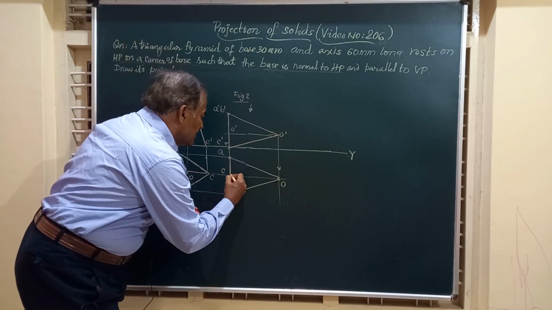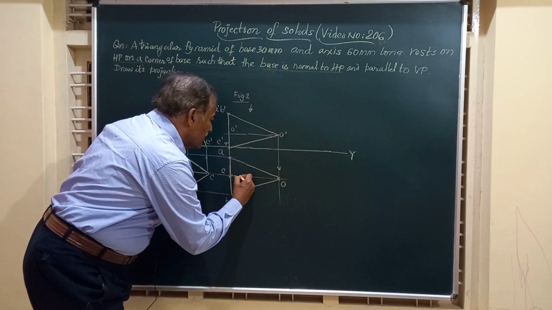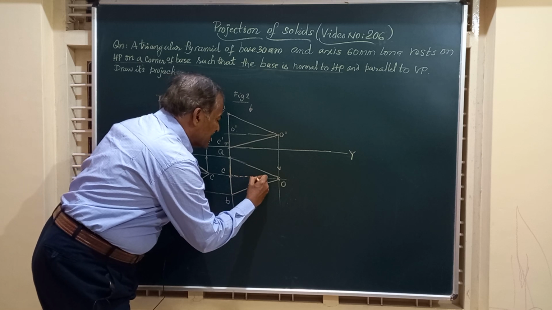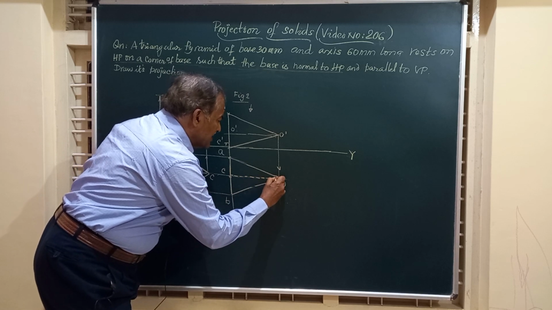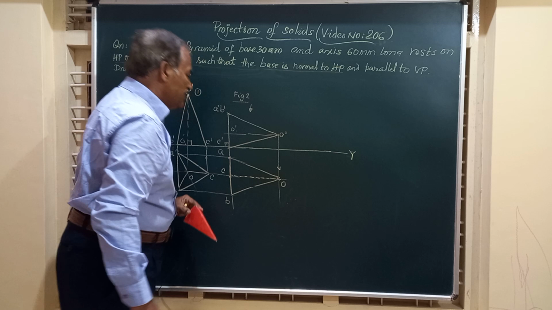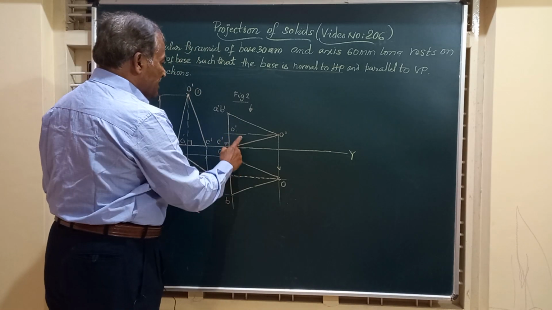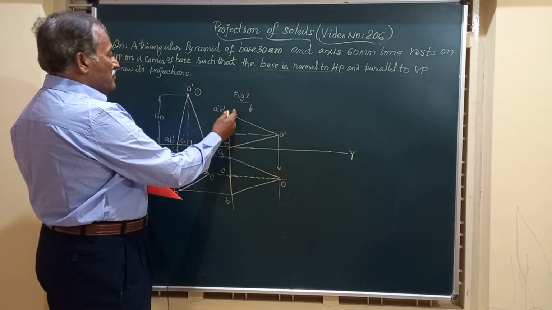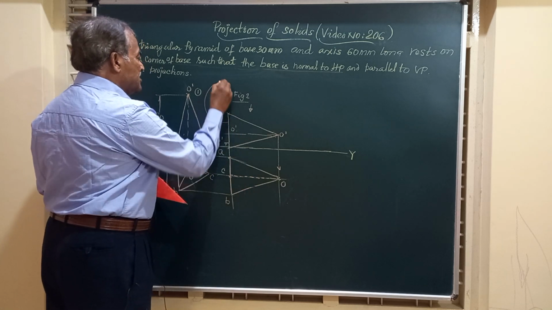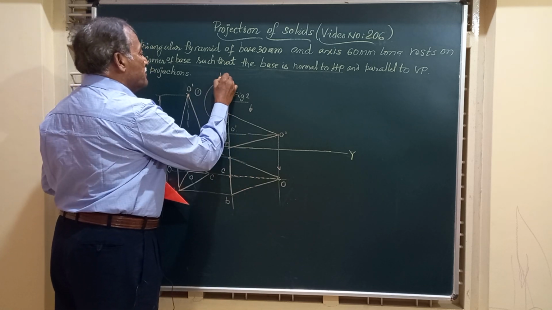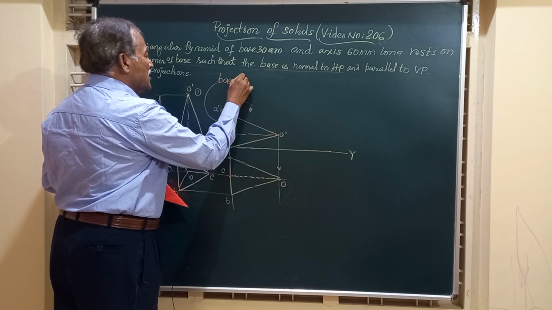So hence this I am going to show by a dotted line. That is, this is not visible to the observer. Friends, this is the corresponding top view when the base of the solid, this is the base, is perpendicular to HP.